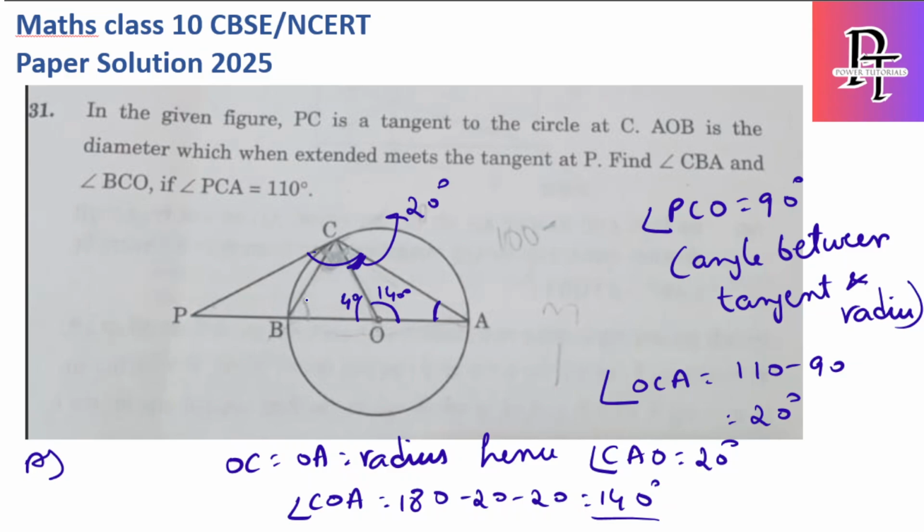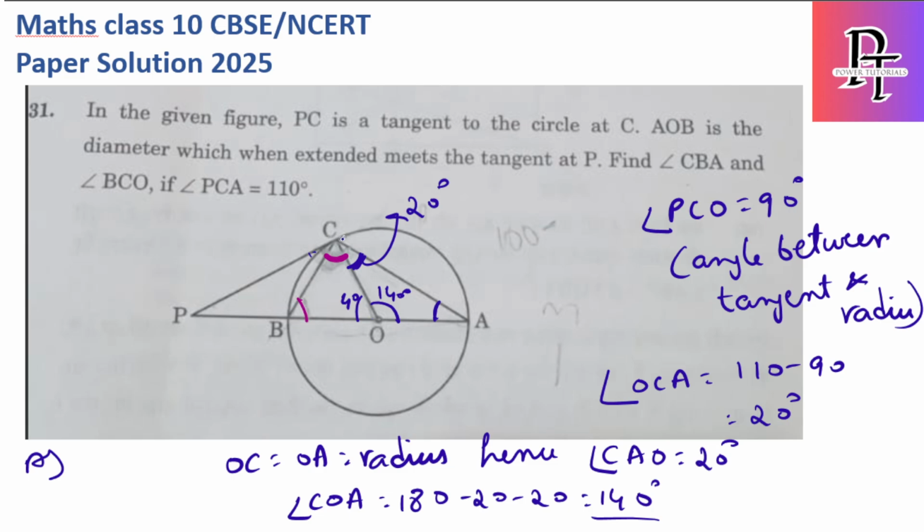But what they are asking is this angle BCO, okay, I will change the color, and this angle CBA. To find CBA, it is the diameter, and from the center it is 140.